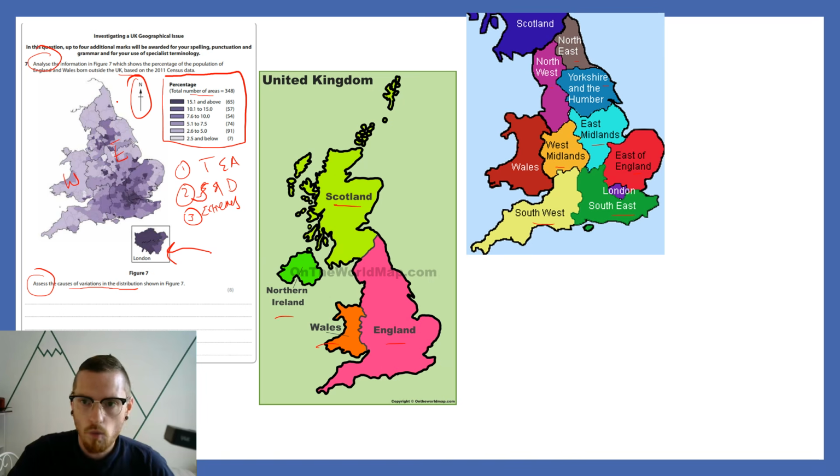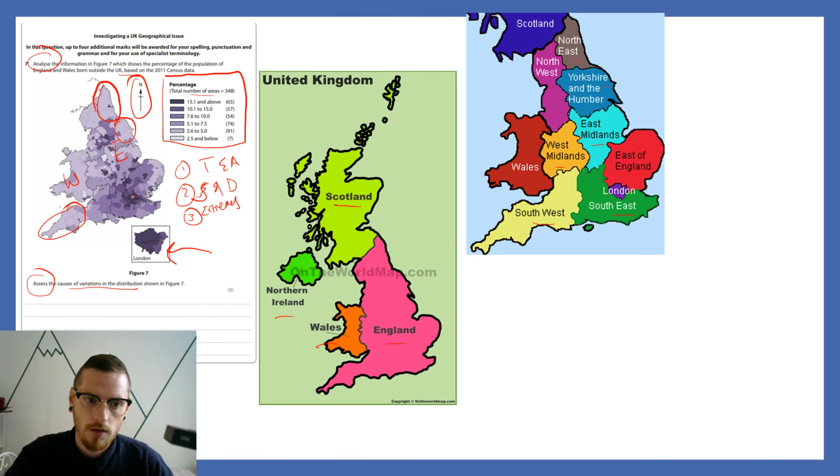So over here, when we're talking about variations, you could see there's a lack of people in the northeast born from outside of the UK. Looking at Wales, there's also a lack of people. Yorkshire and the Humber has a lack of people. Southwest here, lack of people.